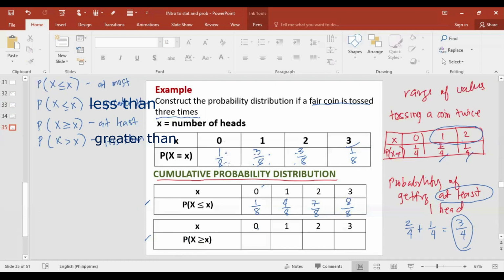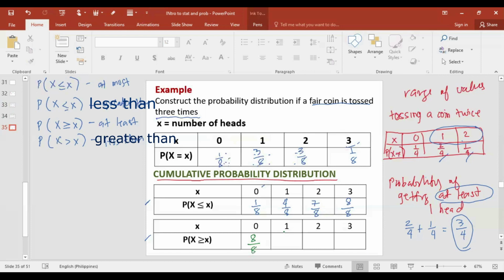So, what is the probability of getting at least 0 number of head? When we say at least, siya yung pinakamababa. So, pwede natin i-consider ang 1, 2, and 3. So, we have to add all these probabilities. 1/8 plus 3/8 plus 3/8 plus 1/8, we get 8/8.